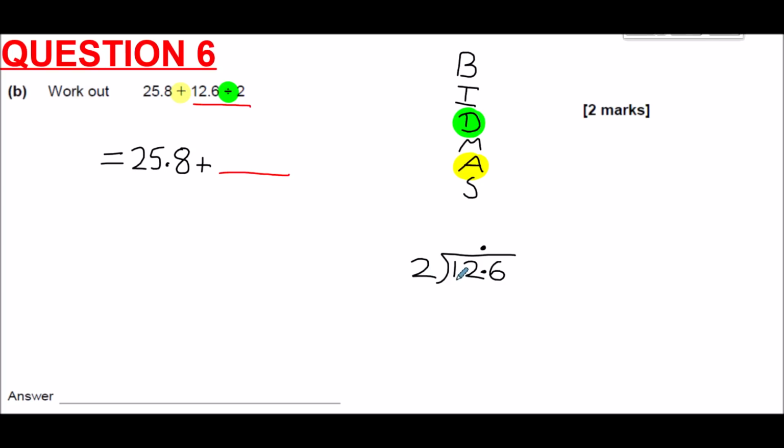And so 2s into 1 we can't fit, and so that 1 is still left over. 2s into 12 we can fit 6 times exactly. 6 2s are 12, nothing left over. And finally, 2s into 6 we can fit 3 times. And so 12.6 divided by 2 gives us 6.3.